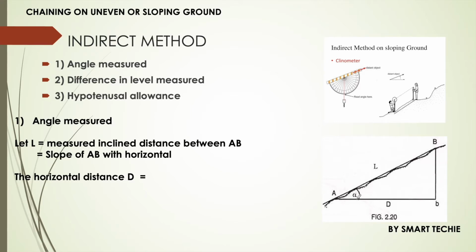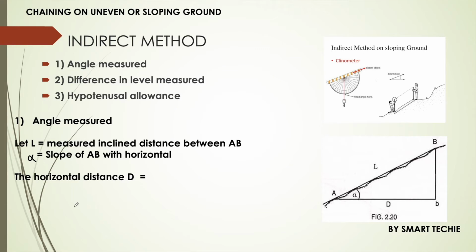This sloping angle alpha is measured with an instrument known as a clinometer. So we'll consider L to be the measured inclined distance between A and B, and alpha is the slope of AB with the horizontal.